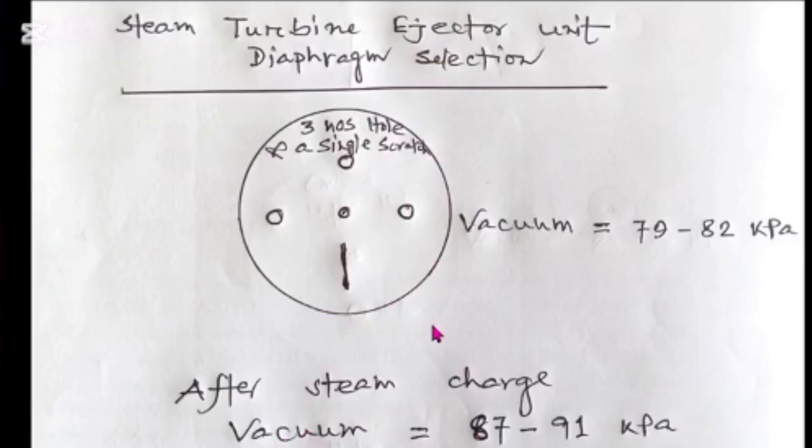So finally we kept this whole modified diaphragm system, and the ejector is now functioning okay, and the turbine vacuum is okay, likely 87 to 91 kPa. In this way, after test basis, we finally came to a position on how we modified it to get the required vacuum to run the turbine smoothly.